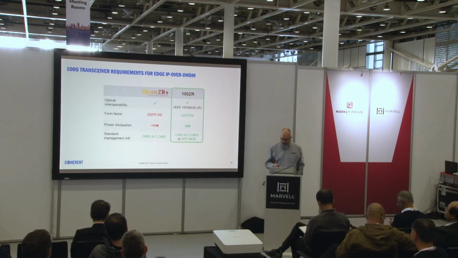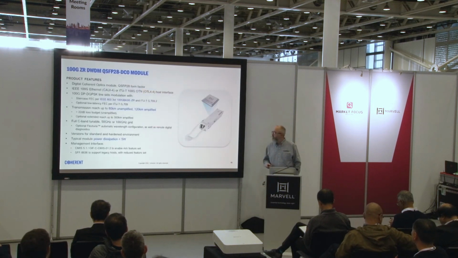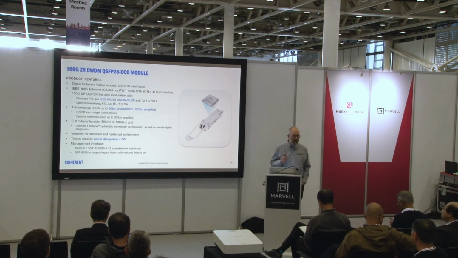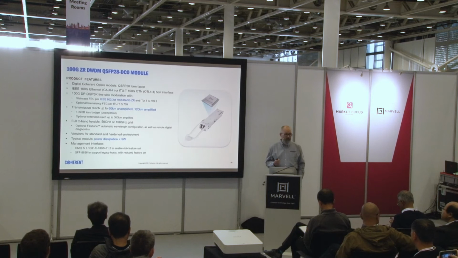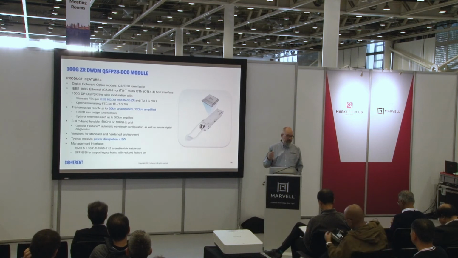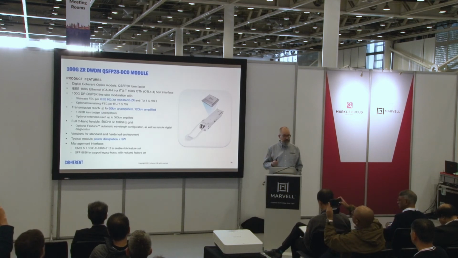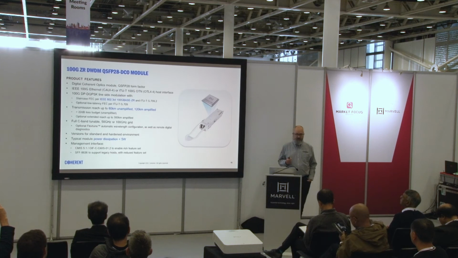So at Coherent 2.6, we've invested in a device with our proprietary Steelerton DSP that will bring down the power dissipation of these coherent optics dramatically. We're talking about more than a factor of 2 reduction in power dissipation of the full module. In terms of the DSP, it's a factor of 3 or more reduction in power dissipation.